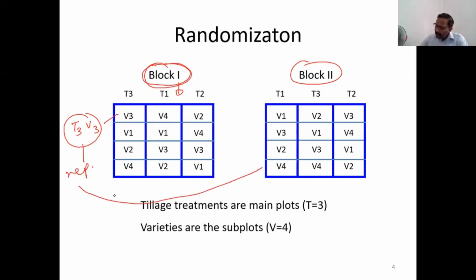That is why we have block 2. In block 2, you see where T3, V3 is? This plot is T3, V3. You see, it is replicated 2 times, block 1 and block 2. These blocks are actually functioning as replicates.